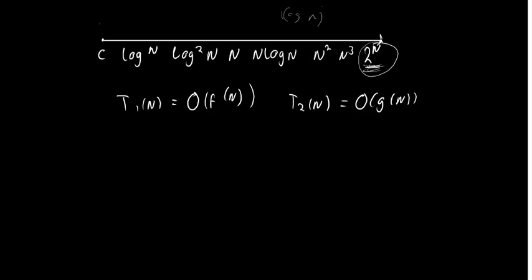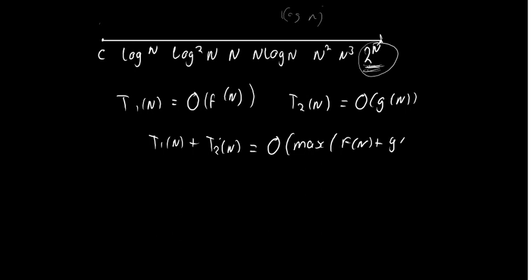We can basically say T1 of n plus T2 of n is going to be O of max of f of n and g of n. I'll explain what this is in a moment because it's actually a very important concept that we're going to be using throughout.